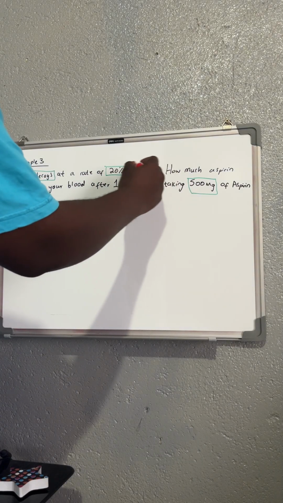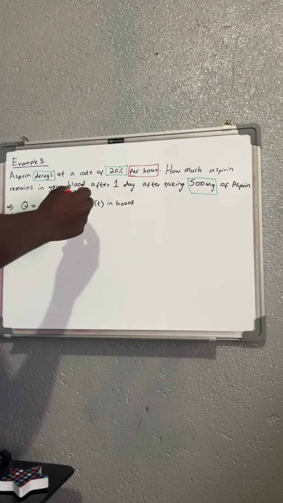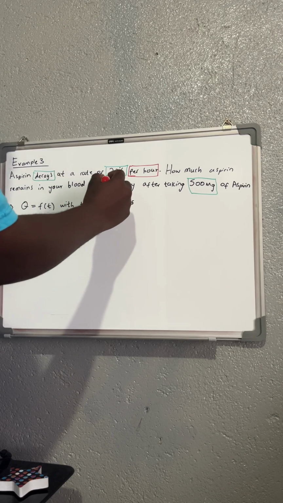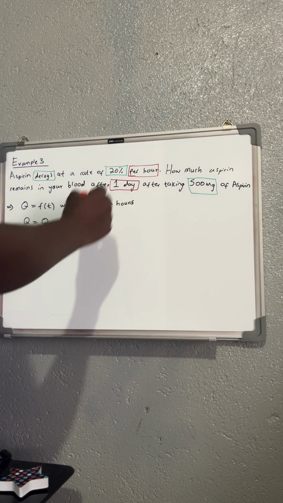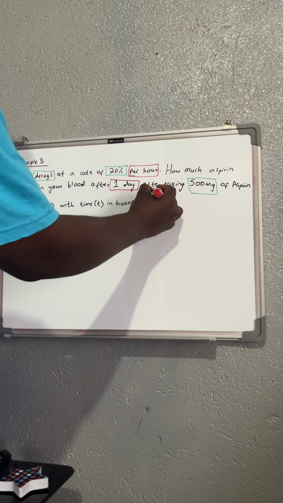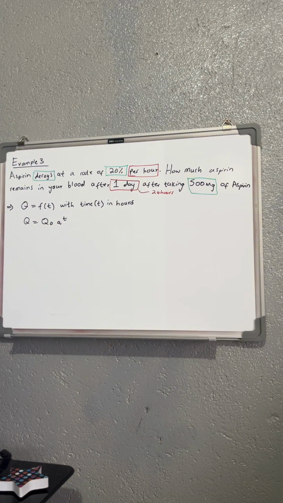They gave us per hour, but they want us to find the aspirin that remains in the blood after 1 day. So hours in terms of a day, we're going to be using 24 hours because a day has 24 hours. So how are we going to start with that one?